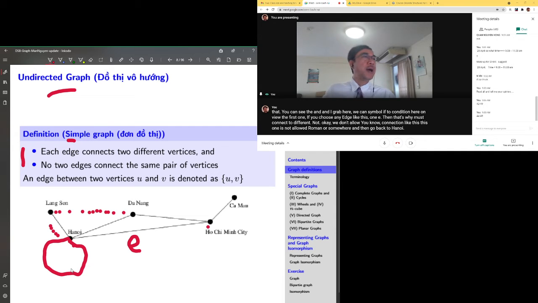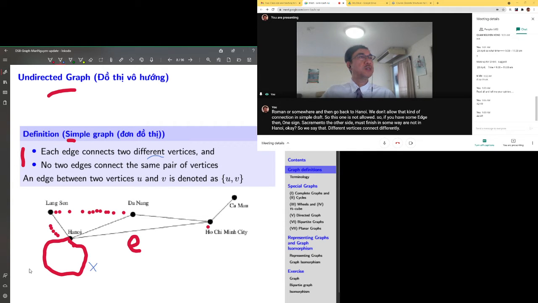We don't allow that kind of connection in a simple graph. So if you have an edge, one side starts from Hanoi, the other side must finish somewhere else, not in Hanoi, like in Ho Chi Minh City.